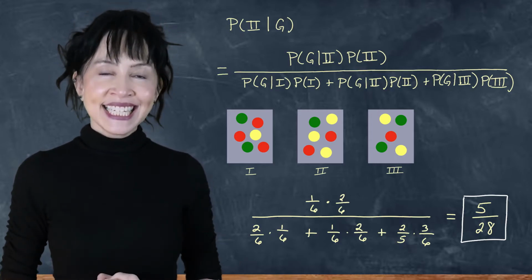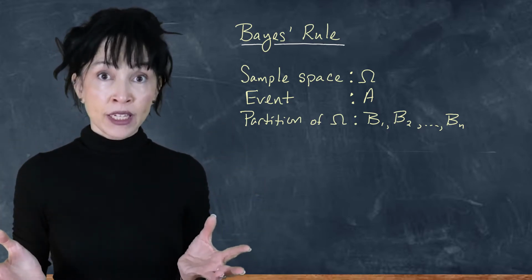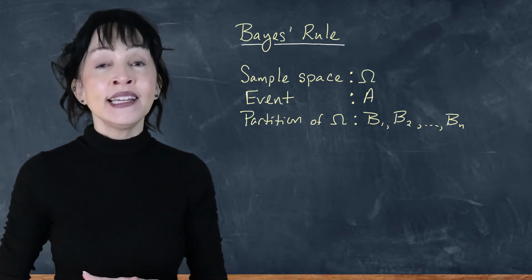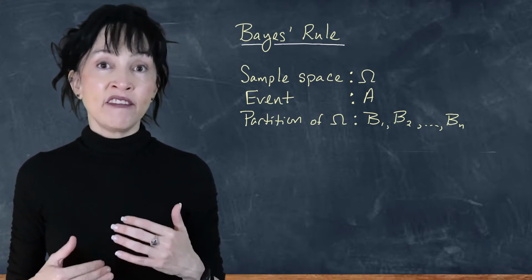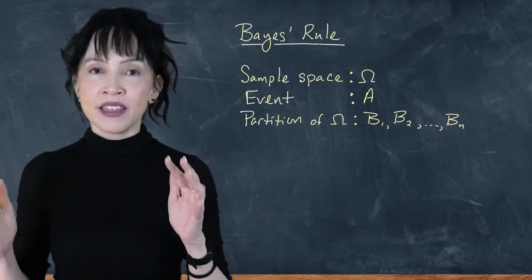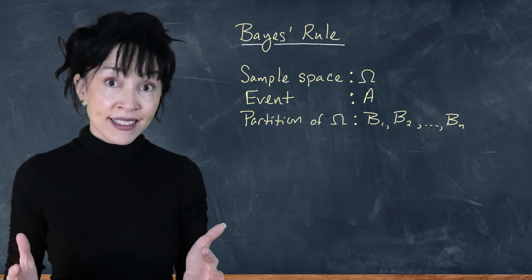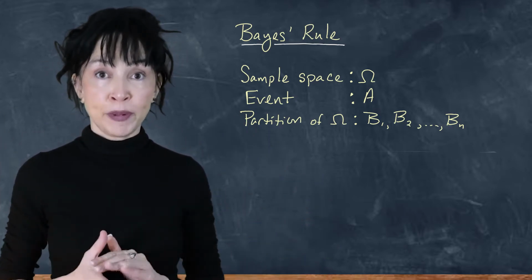Okay, so we can easily generalize Bayes' rule. What I want to do is take a sample space, which is the collection of all possible outcomes of an experiment, and we usually denote that by an omega. And I want to take some kind of partition of that space, which is some sets where we break the total space into a sequence of disjoint sets that if we union them together, we get the whole space back.